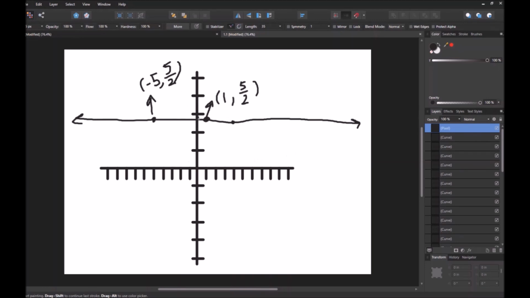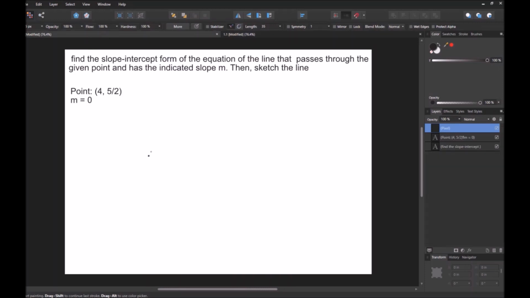If I even pick this point over here, that's going to be (0, 5/2). So just like in the last problem where we saw that each point had a 6 in the x spot, in this problem we see that each point has a 5/2 in the y spot, meaning that the only thing we can write down is y = 5/2.